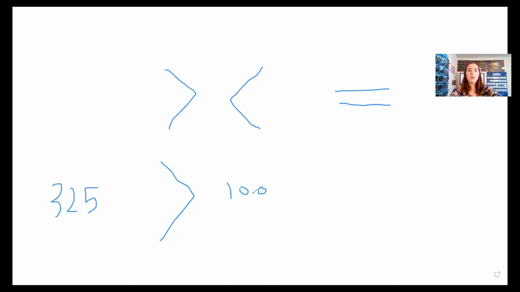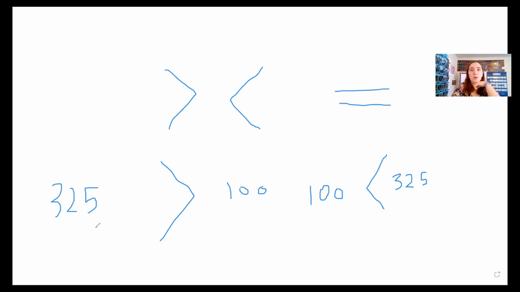Okay. If we want to say that a number is less than, we say this. 100 is less than 325. Now the reason our direction of our symbol is changing, our greater than and less than signs, is because it is pointing towards the bigger number. It just depends which one you put first.